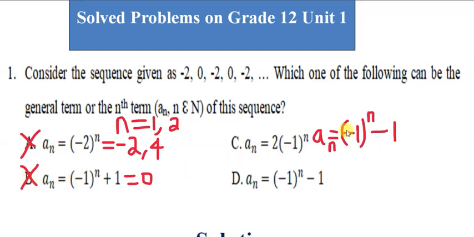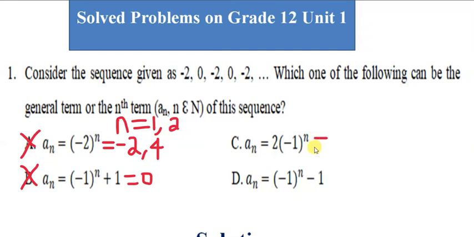Let us clear this one here. The general term indicated in C also gives us something like this one.